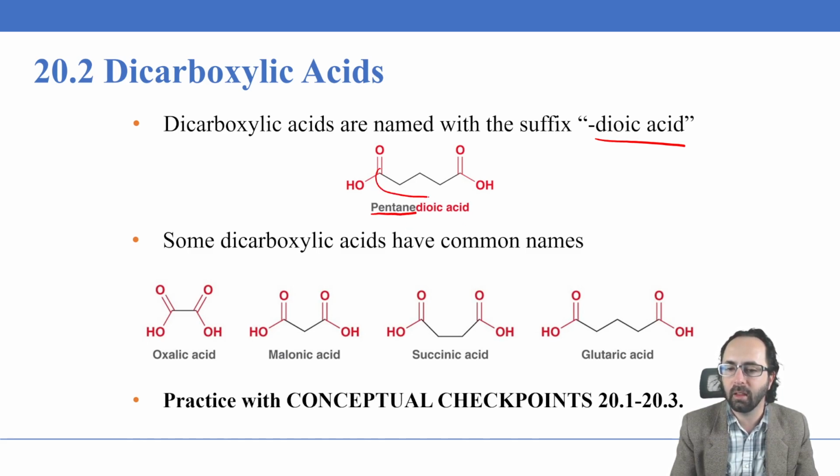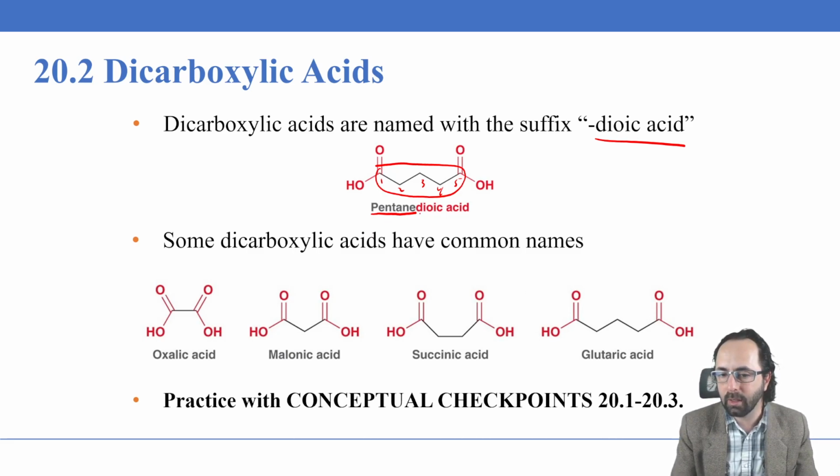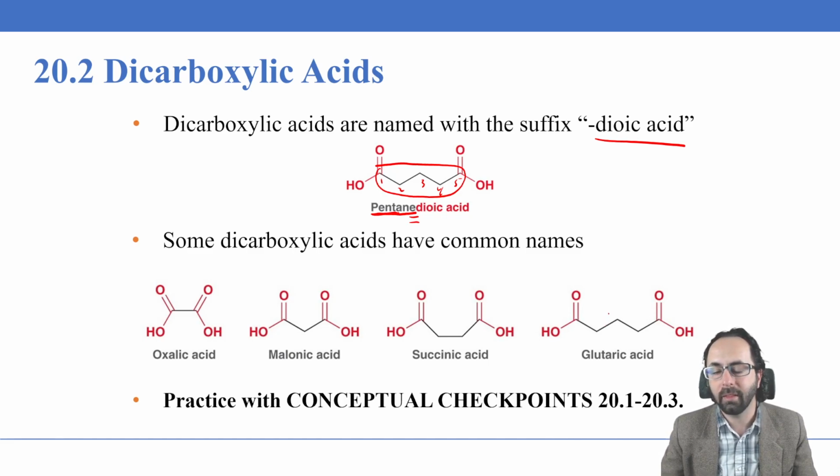So this contains 5 carbons right here. 1, 2, 3, 4, 5. Okay. And so this would be pentane without the carboxylic acids, right? And we write the full name like the chain. So we don't say pentan dioic acid. We actually say pentane dioic acid. So that E is kept here when we name a diacid. And so that's the way they're named.